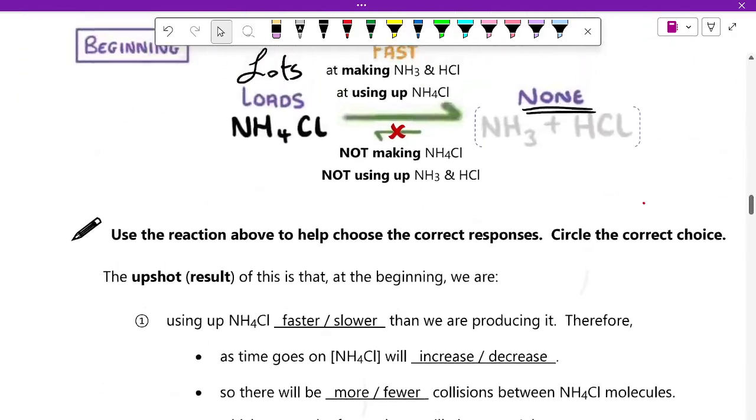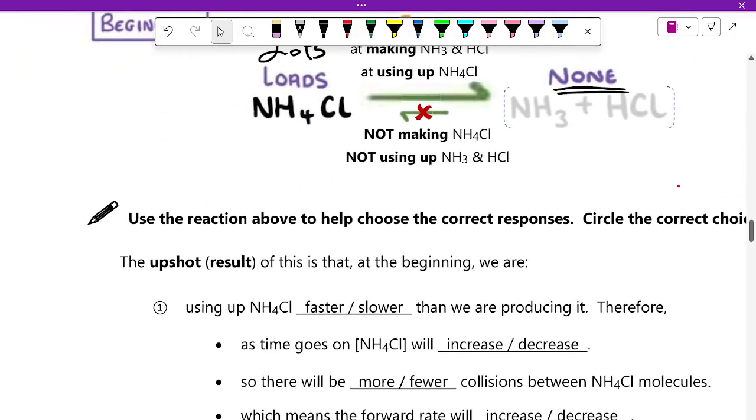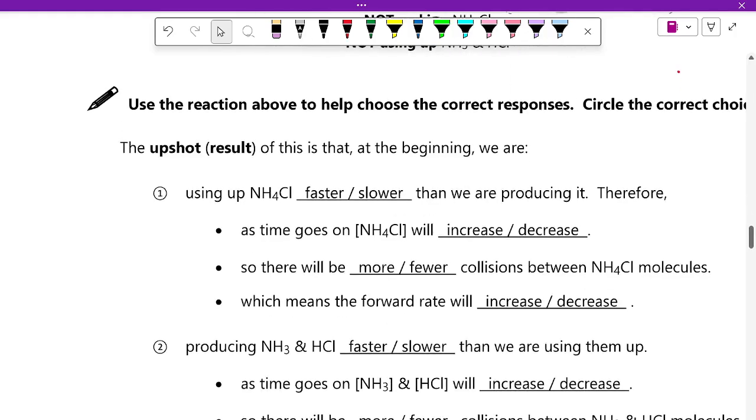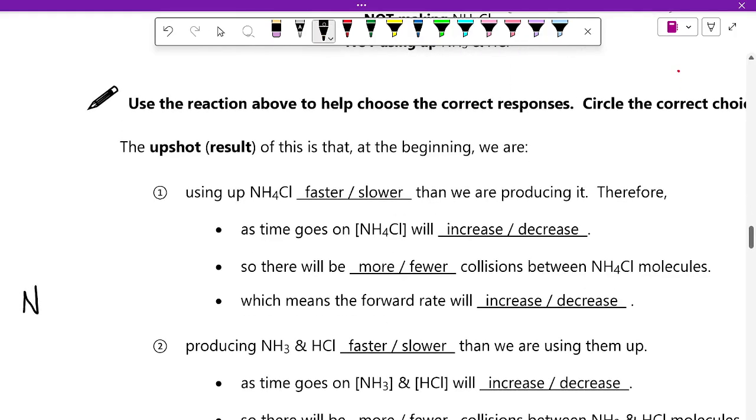So let's use that reaction, and I'm going to rewrite it down here so you can see it without having to go up there. NH4Cl, the forward arrow is big. The backward arrow is non-existent because there is nothing there. HCl. Okay, you don't have to write this here. I'm just writing it so that you can see it.